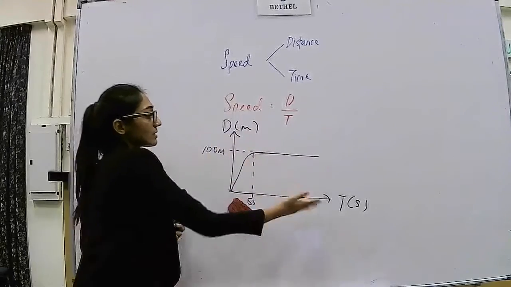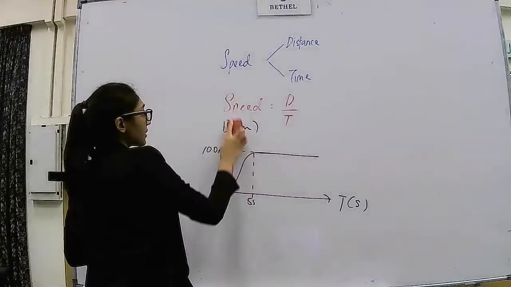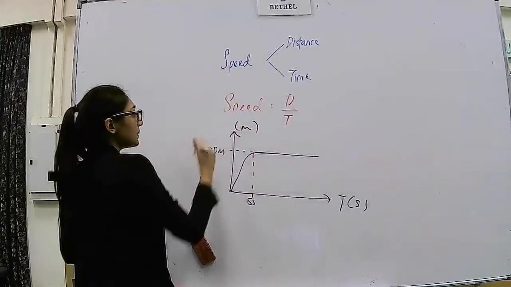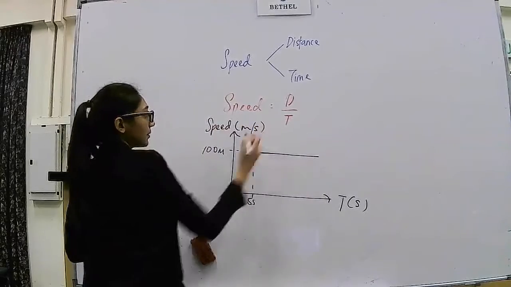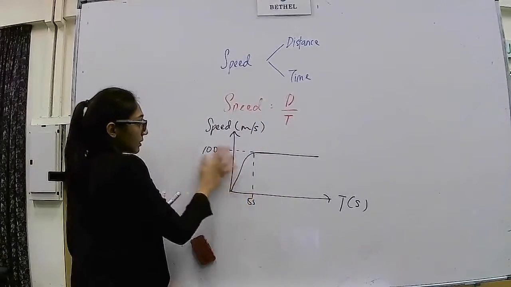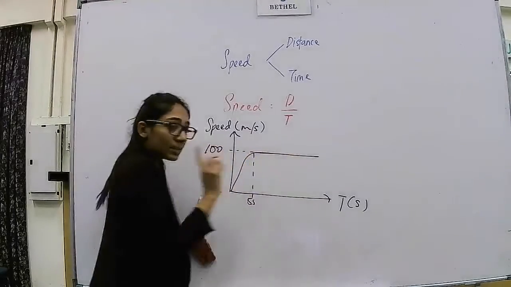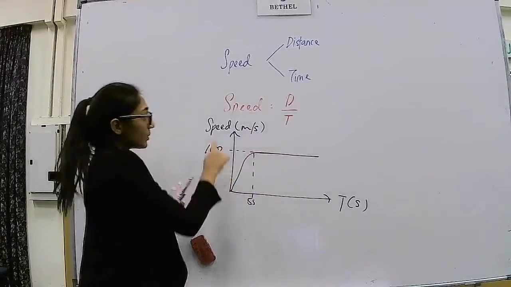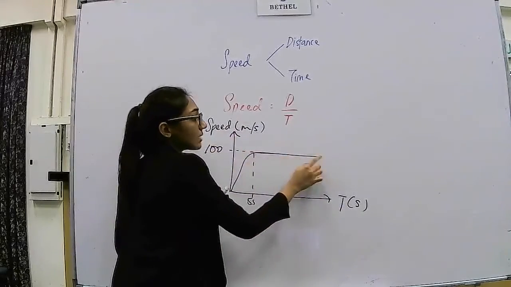So this is a distance time graph. But let's say I have a speed time graph. With a speed time graph, after a certain time, the speed is 100. Does that mean the car is not moving? No, because now it's a speed time graph. After 5 seconds, the speed is 100 meters per second.